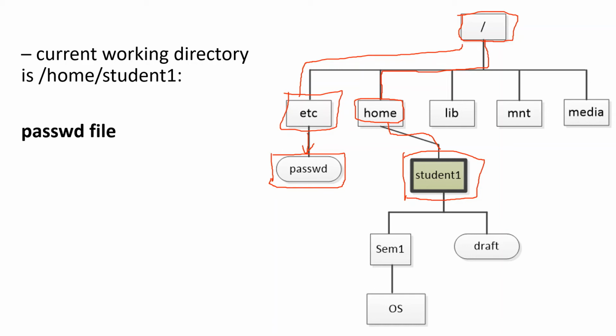Okay, so when we go up to the parent, we are actually using the double dot. And then we have another double dot because we are going up twice. Then we go down to etc and then down to password. So it is like this. The double dot denotes that from student1 you need to go up. So it is home.